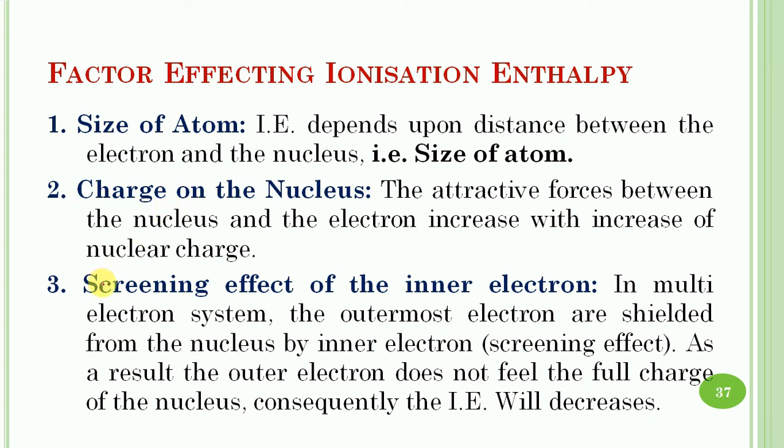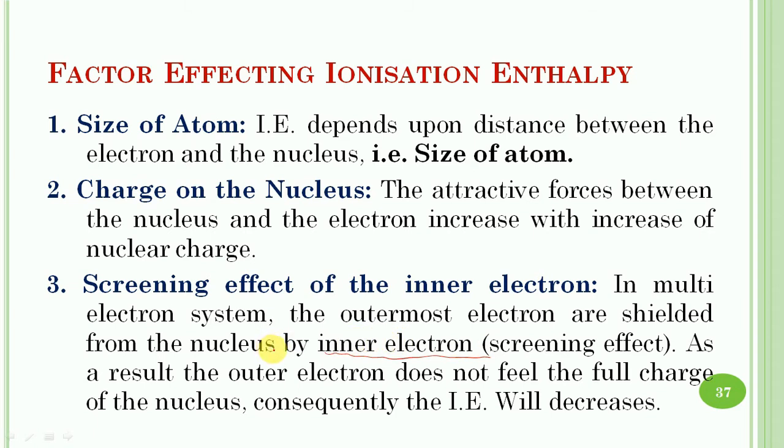The third one is the screening effect of the inner electrons. In the case of a multi-electron system, the outermost electrons are shielded from the nucleus by the inner electrons, which is called the screening effect or shielding effect.